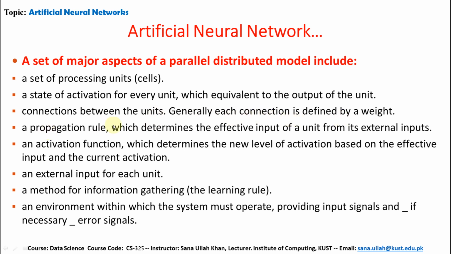Then a propagation rule which determines the effective inputs of a unit from its external inputs. An activation function is used which determines the new level of activation based on the effective inputs and the current activations. An external input for each unit. A method for information gathering, the learning rule. An environment within which the system must operate, providing input signals and, if necessary, error signals as well.